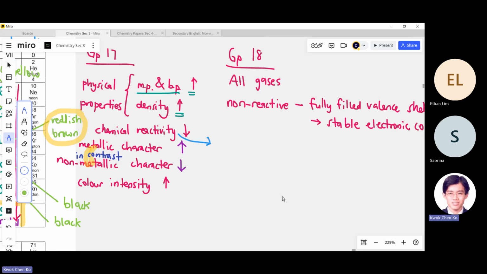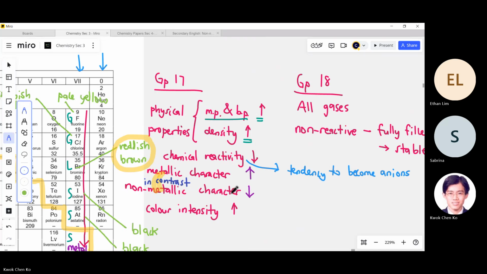It means the tendency to become anions. Remember, they are non-metals, so that's why I use the term anions here. That also means fluorine is right at the top. I also said that reactivity decreases down the group.